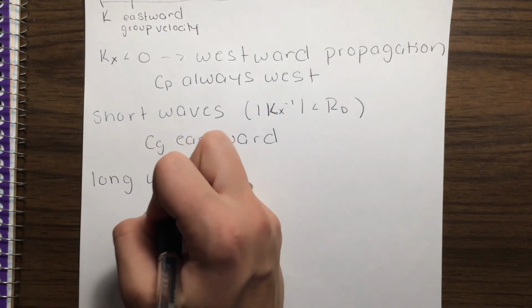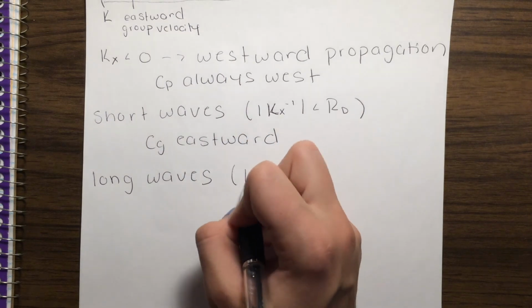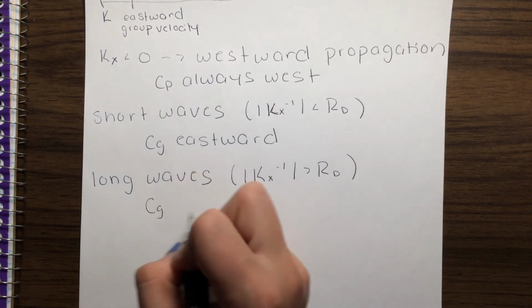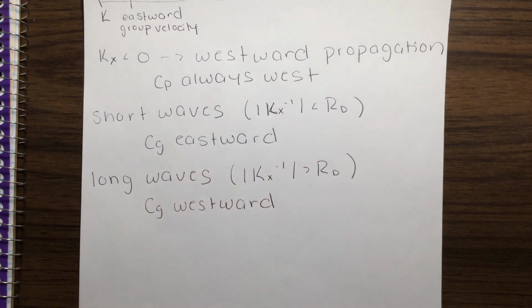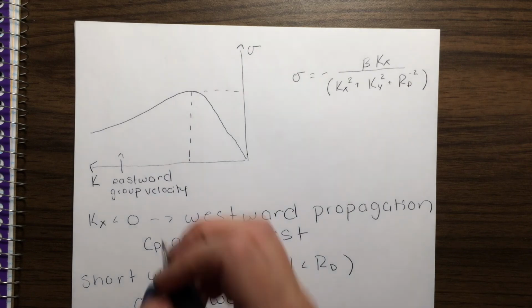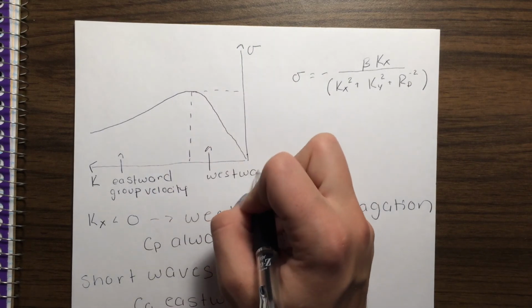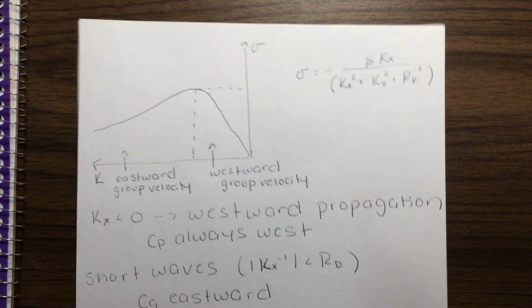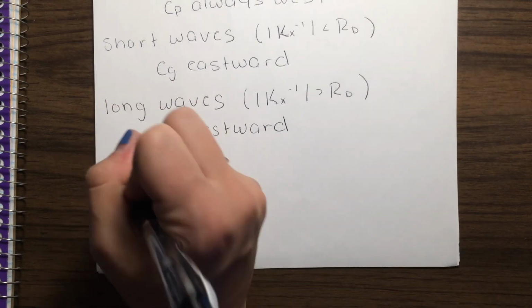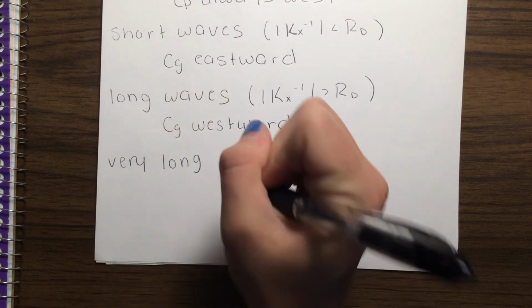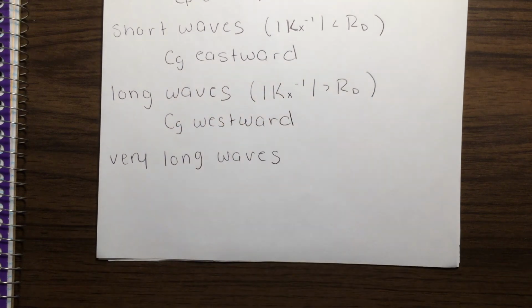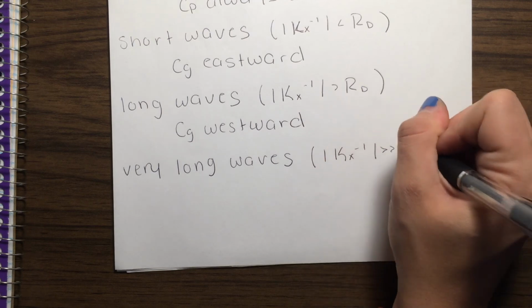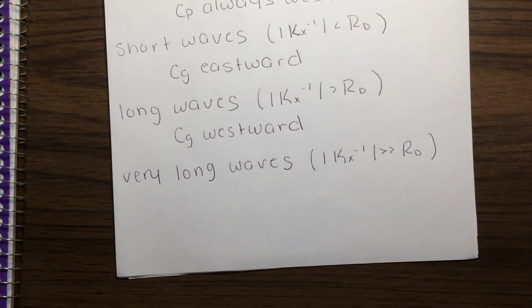On the other hand, for long waves, those where the absolute value of 1 over kx is greater than the Rossby radius of deformation, the slope of the dispersion relation is negative, and our group speed is westward. For very long waves, those where 1 over kx is much greater than Rd, Rossby group speed is still westward, but in this case, waves are non-dispersive.